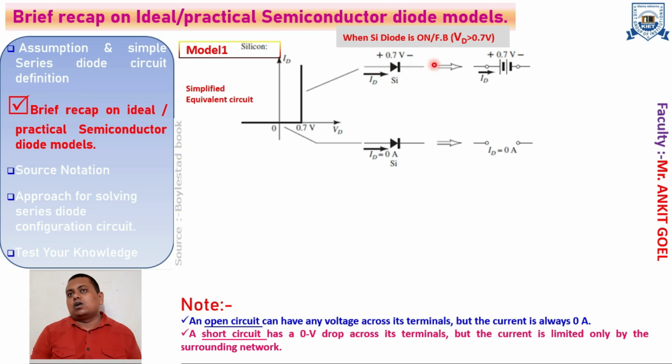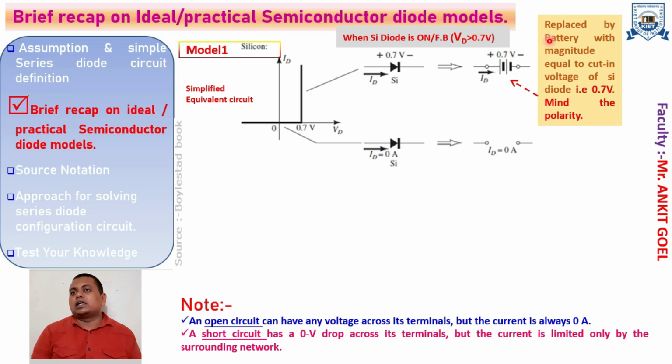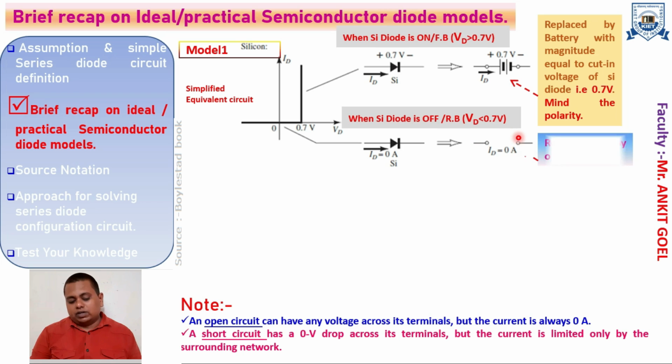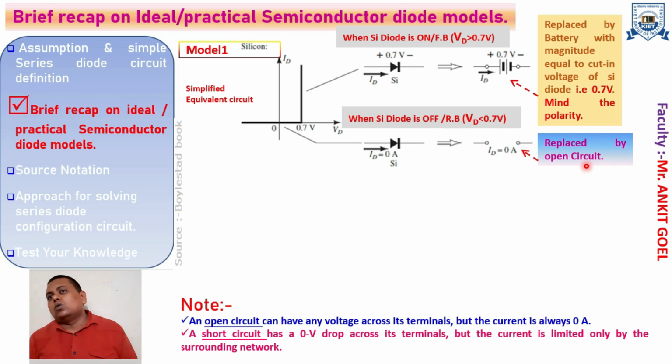The diode is said to be on when the voltage across the diode is more than 0.7 volt, and it can be electrically replaced by a battery of magnitude 0.7 volt with positive and minus terminals. Please mind the polarity. Now when the voltage across the diode is less than the cut-in voltage of 0.7 volt, it is replaced by an open circuit.